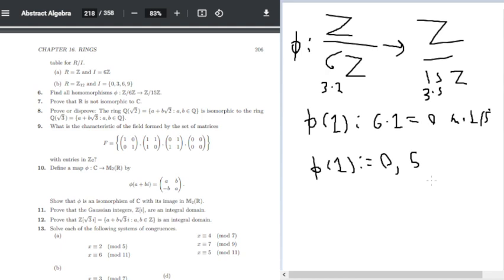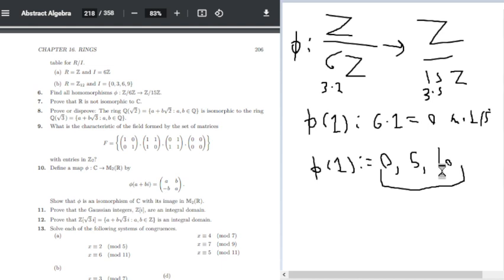Or actually, 0, 5 times n for n equals 1, 2. So 0, 5, 10. So we know that there are only 3 possible homomorphisms, because this also is a homomorphism between abelian groups, and they're determined by where phi of 1 is sent to, either 0, 5, or 10.